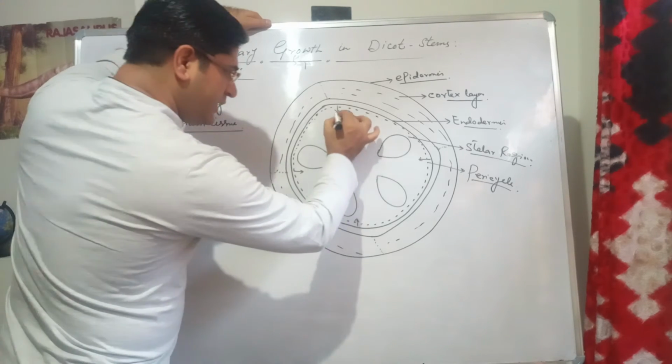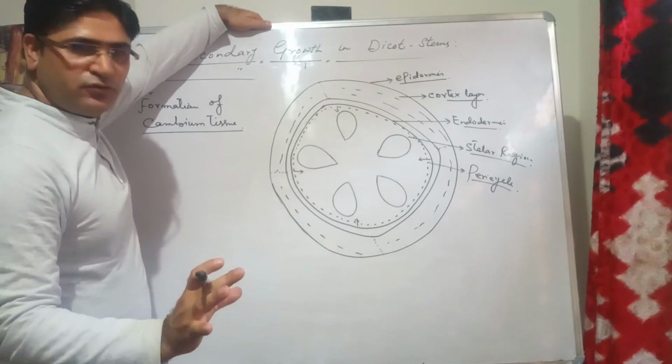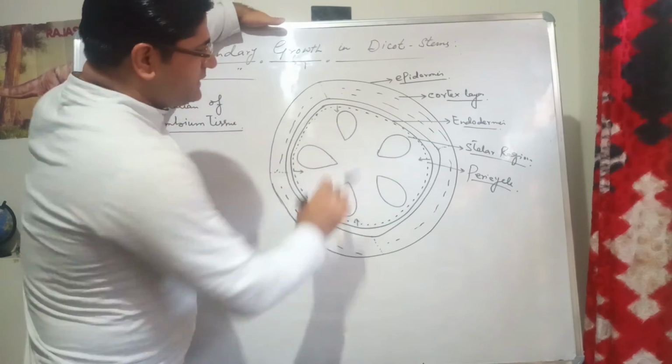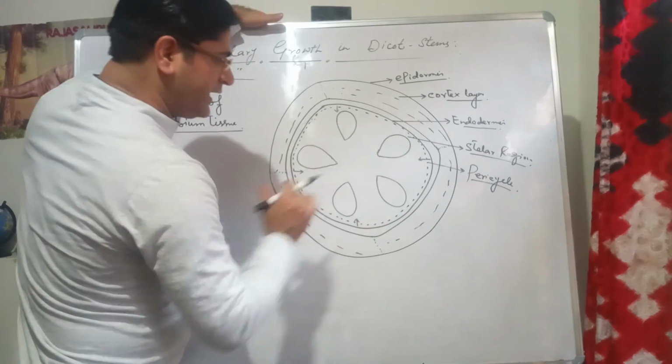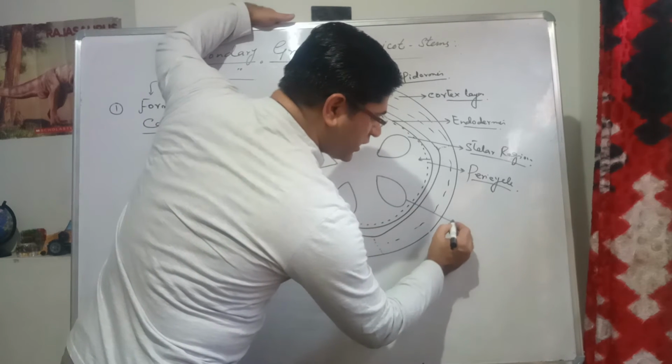So this is the arrangement of vascular bundles in a ring manner. Now I have also told you already, these vascular bundles in the dicot stem are conjoint type.